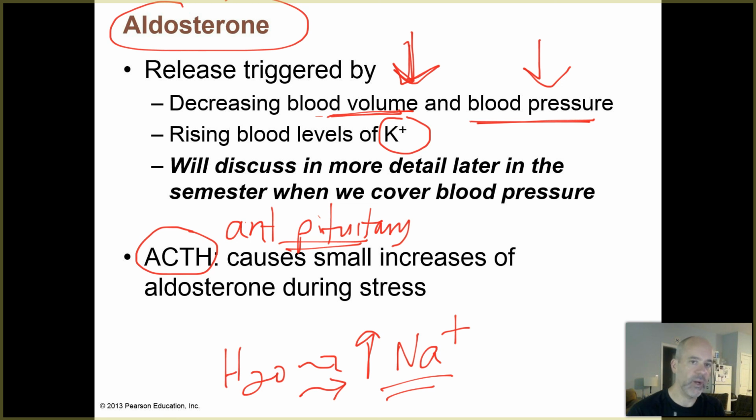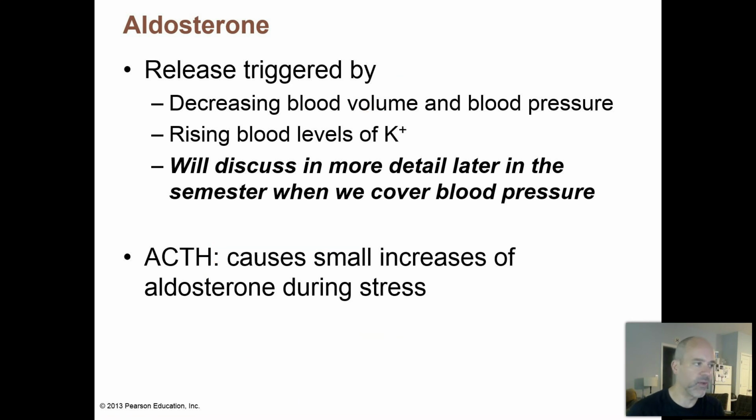The target is the adrenal cortex, and it is really more involved in telling the zona fasciculata to secrete its hormones. However, ACTH can trigger small increases in aldosterone production by those cells in the zona glomerulosa as well. During periods of stress, ACTH, as we'll see, is something that gets secreted in higher amounts.